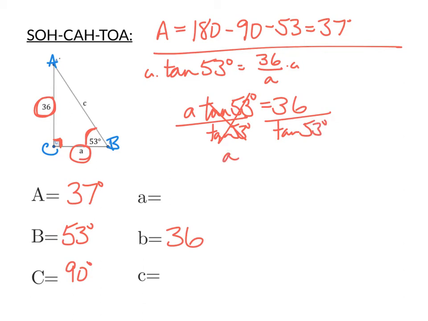When all the canceling is said and done, 36 divided by the tangent of 53 degrees is 27.1279. Remember, we're only going to go 3 decimal places, so 27.127 is good enough. If you wanted to round to 27.128, that's correct as well.